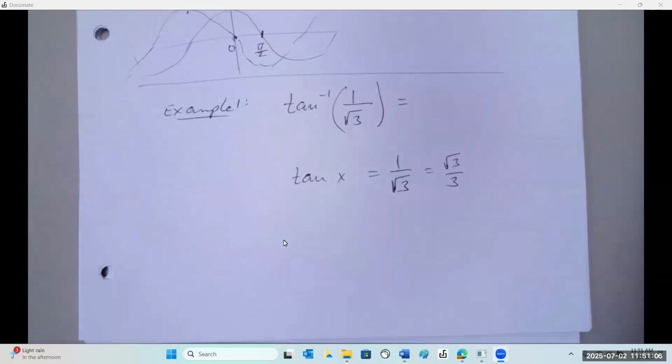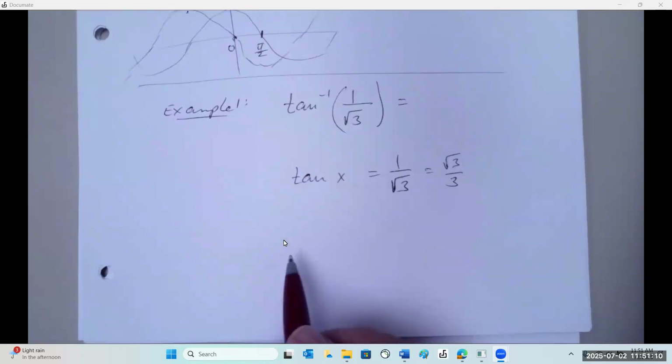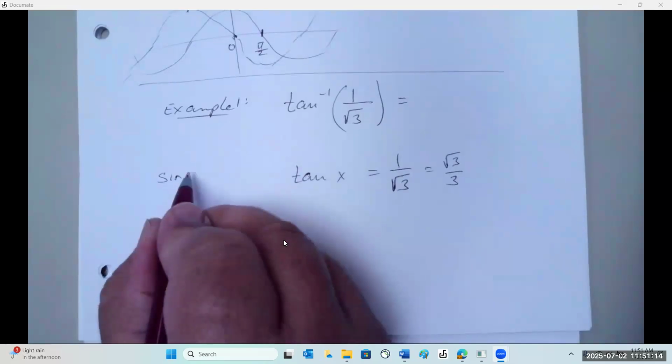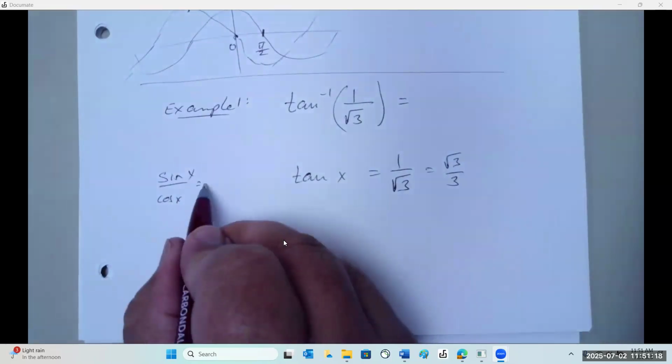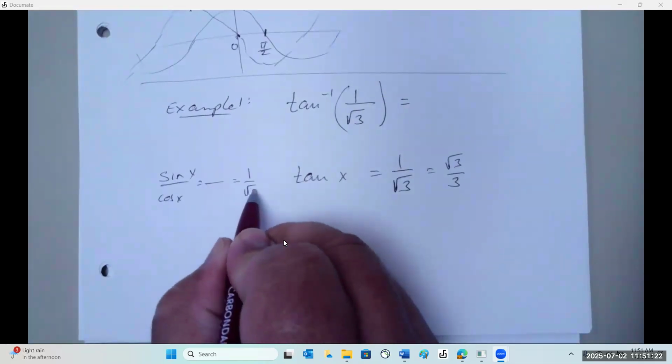I see why you'd think that, but remember, tangent is made up of what? Sine over cosine. So we need the sine value over the cosine value, where it would equal, after everything's said and done, 1 over radical 3.